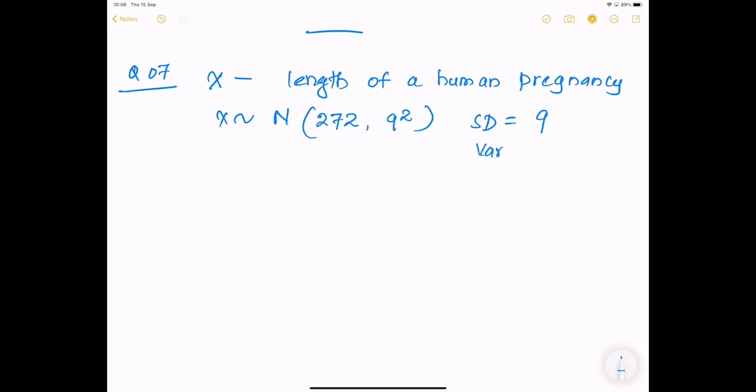Variance is 9 squared, right? So, right, this is a continuous distribution.